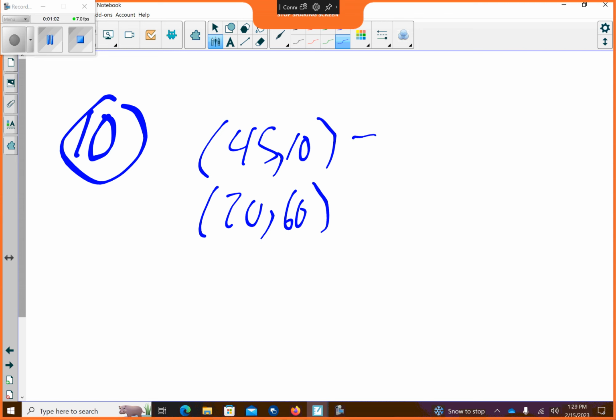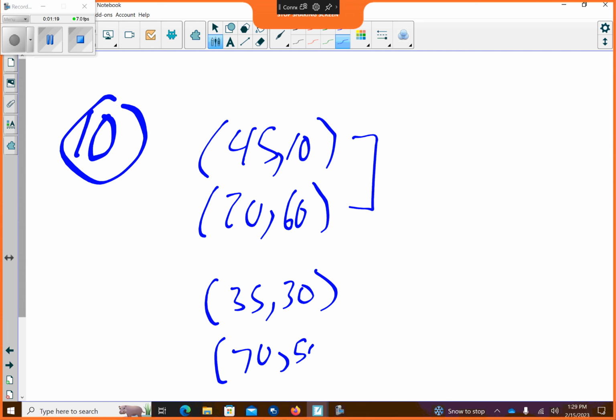Okay, so this is going to be one equation it's going to create. And then a wholesaler will supply 35 phones for $30 each, and 70 at 50 each.